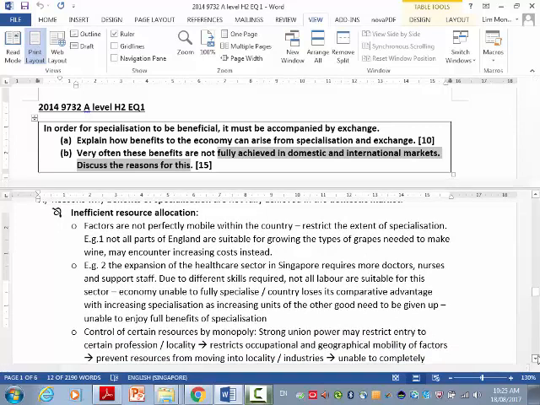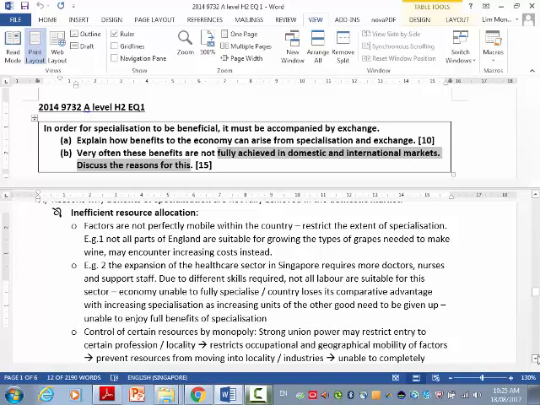FOPs may not be perfectly mobile. I think one of the greatest assumptions in our theory of CA is that factors of production must be mobile within the country. But sometimes, in the real world, we don't see that being the case. For example, in the UK, in the example we have for England, we say that they are supposed to produce wine.